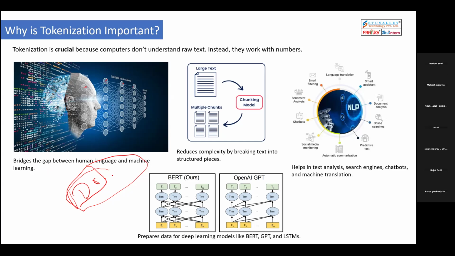For example, if you have very huge data sets which contain multiple exclamation marks, symbols, adverbs and so many things, when you convert them into tokens, it just reduces the complexity. That's what is written here. And after that, it helps in text analysis, search engines, chatbots. You guys already know all this. And it prepares the data for deep learning models like BERT, GPT and LSTMs.